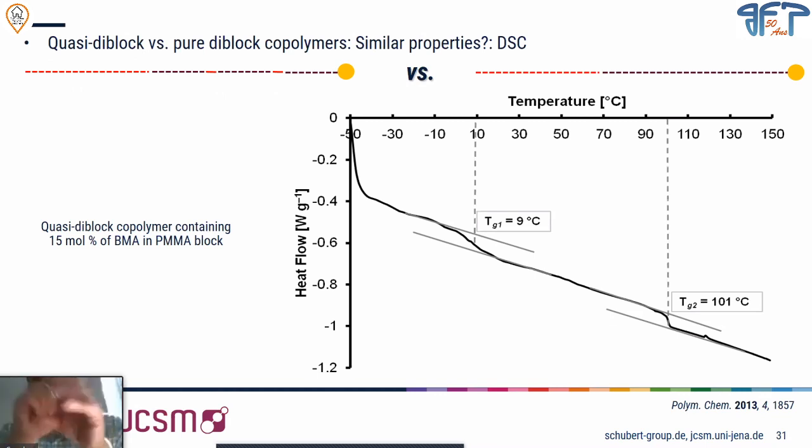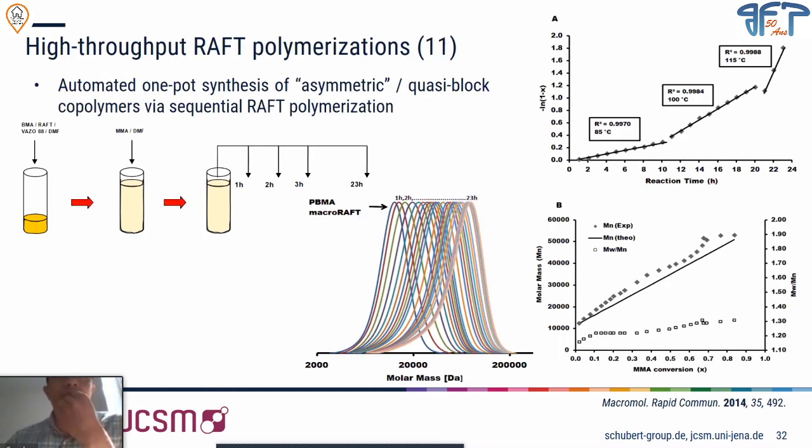And in the defected block, which in principle should be pure MMA, but in this case has some defects of BMA, we got a Tg of 101 degrees, which is also very close to the MMA. That means that even though it has some defects, the second block still behaves pretty much like a pure block, for this specific case at least.